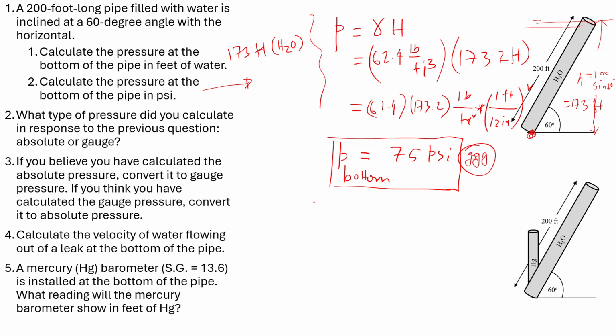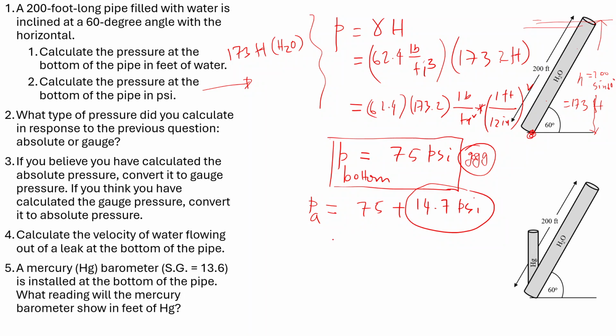And then to convert that gauge pressure to the absolute pressure, you simply add the 14.7 psi absolute, the atmospheric pressure coming from the air on top of us. Air has weight, and this 14.7 is developed because of that.